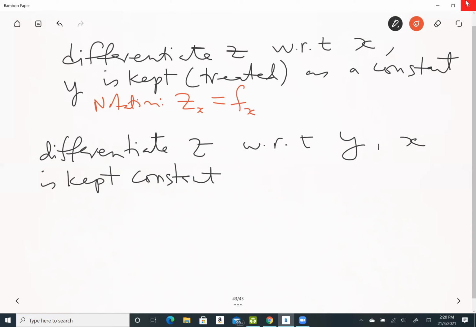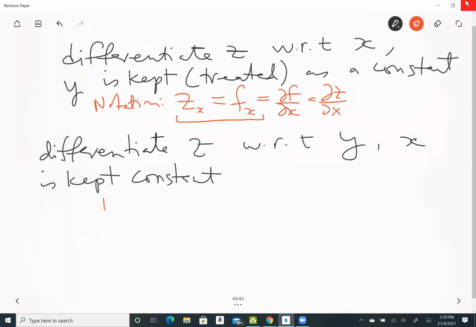There are a few other notations, but I think we just use these two. If you look at the book, they have a few notations, or you can write df dx or dz dx. But we prefer this one, it's simpler to write.